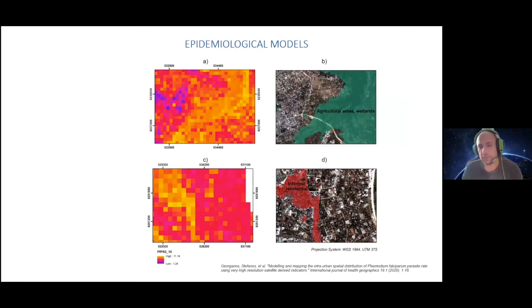We couple them with machine learning algorithms and very few malaria surveys to map malaria risk in figures A and C across two cities, Kampala and Dar es Salaam. And we can see that there is a very strong connection with what we have mapped, for example, the slums, the informal residential areas, or agricultural areas, wetlands, irrigated lands.